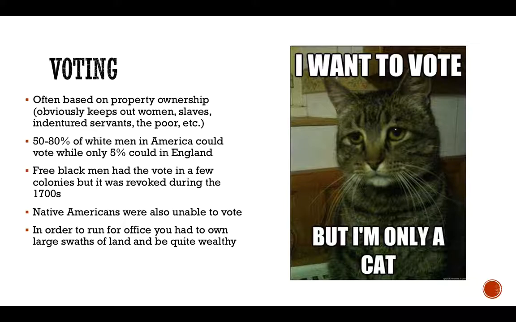Another group that was unable to vote were Native Americans. Native Americans did not have the option of becoming U.S. citizens until the 20th century, until 1924. So we're not going to run up against a time frame in this course this semester where Native Americans were allowed to be U.S. citizens.